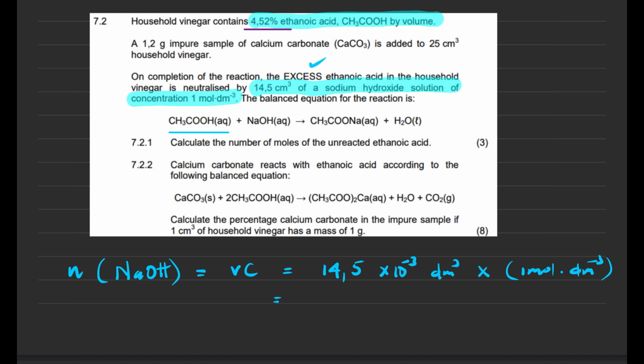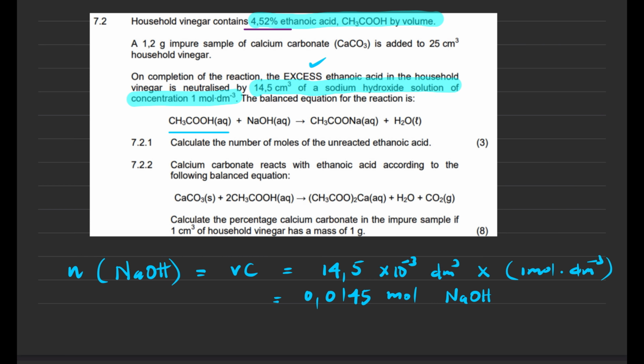And then from here, you are going to get 14.5 divided by 1,000. You are getting 0.0145 what? Moles of NaOH. This is the NaOH. This is the sodium hydroxide that neutralized the excess ethanoic acid.